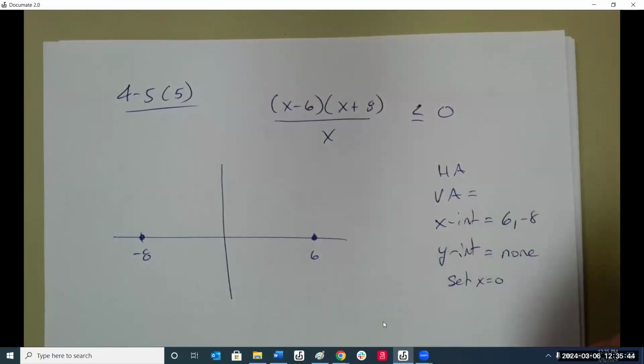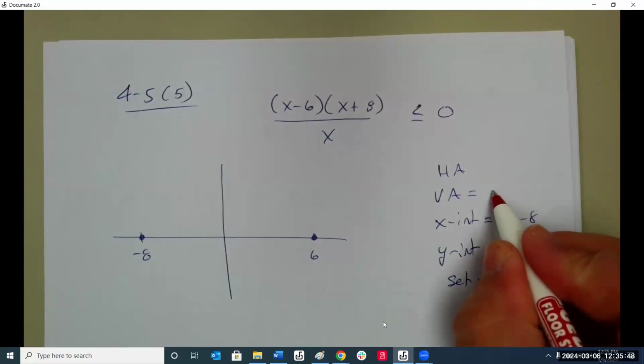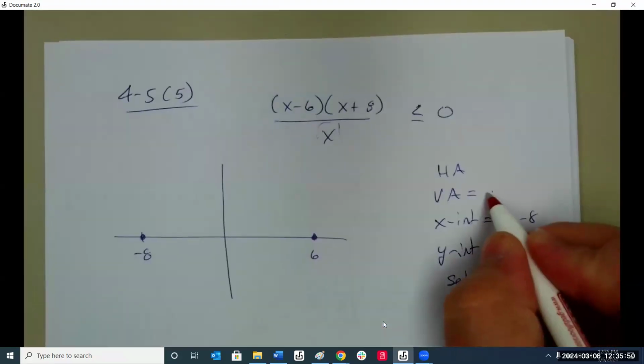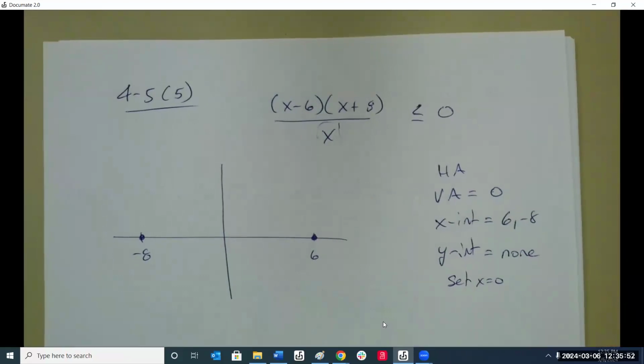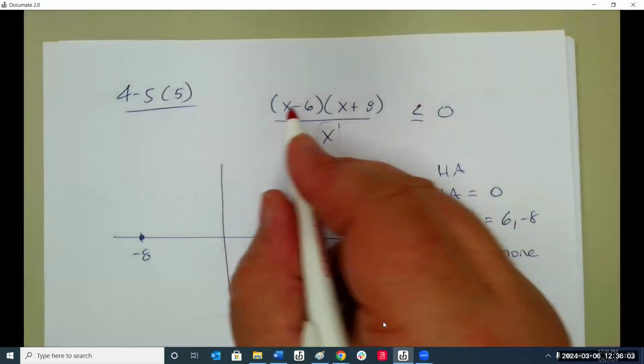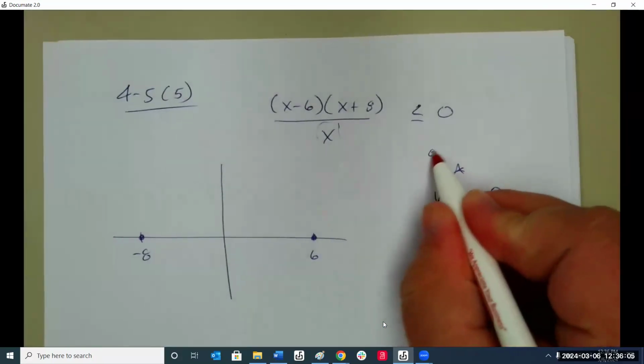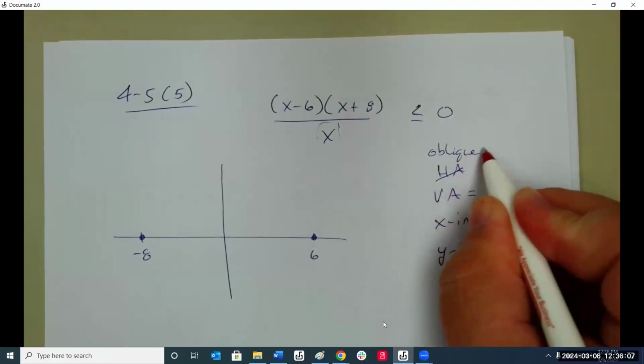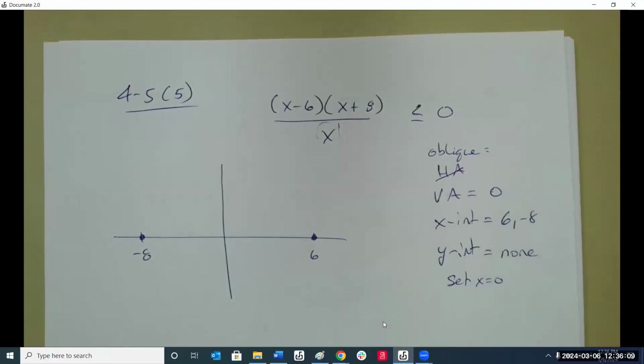What's the vertical asymptote? Set the bottom equal to 0. Do we have a horizontal asymptote? Why not? Because there's two x's on top and one on the bottom. So we don't have a horizontal, that means we have an oblique. And what's the oblique asymptote?